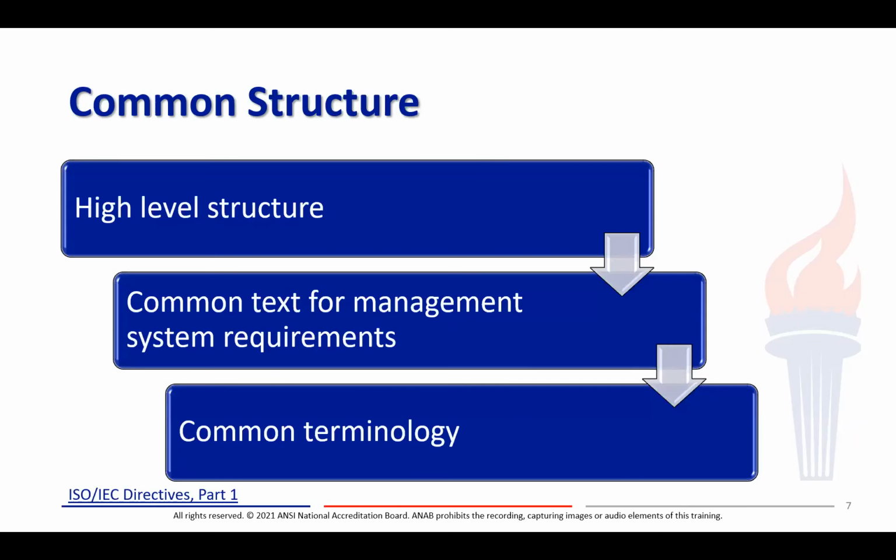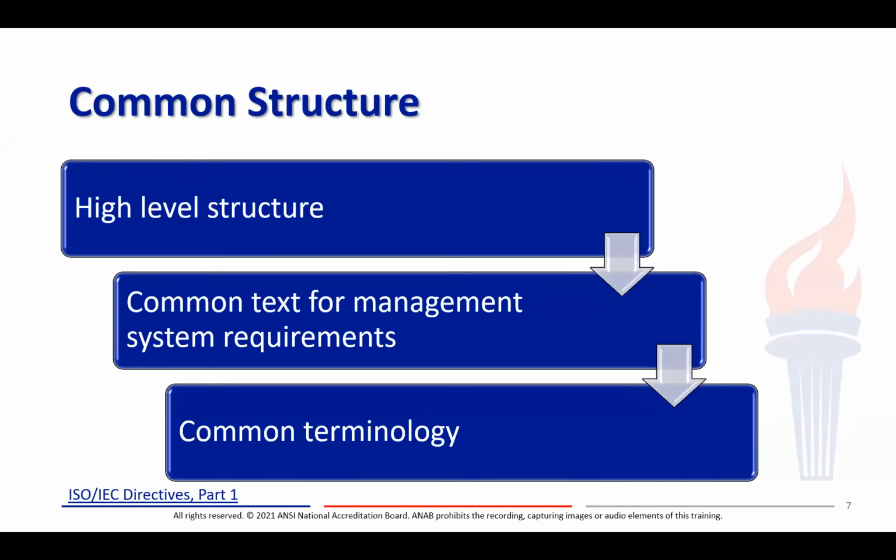Now let's talk about how these standards work together. With so many standards available, how can an organization even begin to make sense of it all? ISO, along with IEC, created directives for committees and subcommittees to follow when creating new or revising existing ISO standards. The directives define a high-level structure for all management system standards.